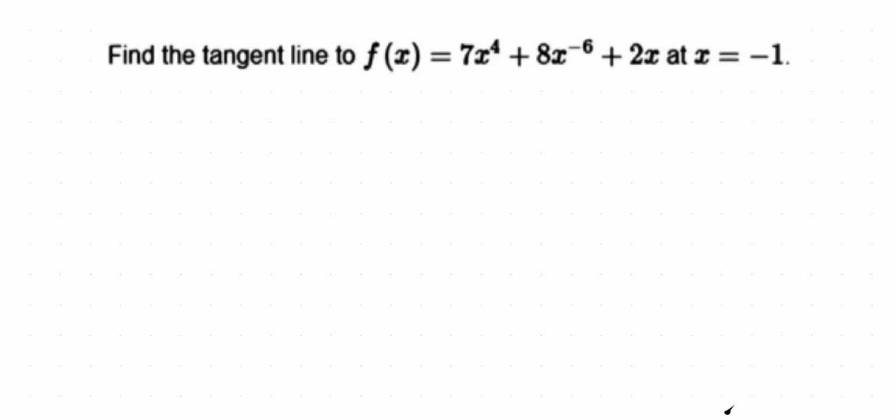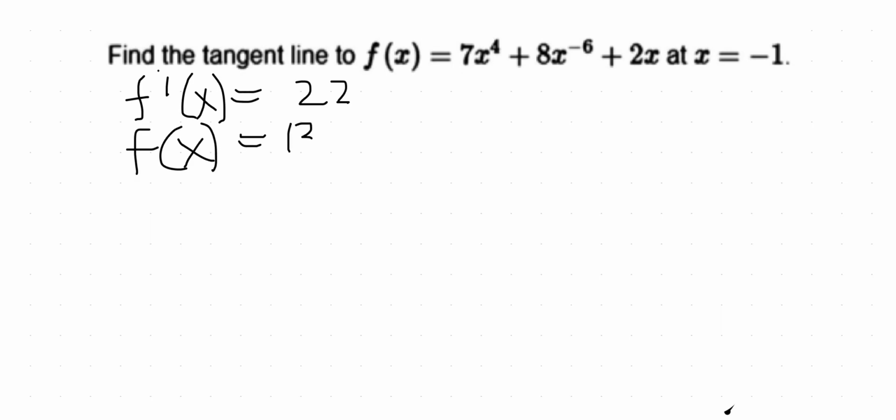Another way on how to write the tangent line at x equals -1 given this function is here, and this is, I hope, a simplified version than the first. So remember, if we will recall, we found the slope, right? We have the f prime of x, which is 22, and we have the f of x, which is 13.